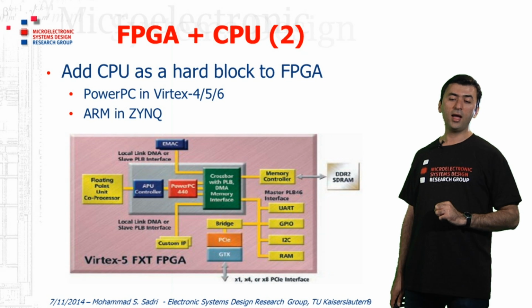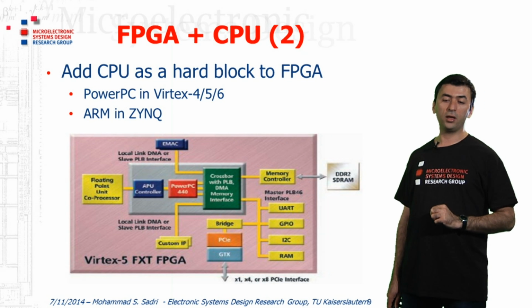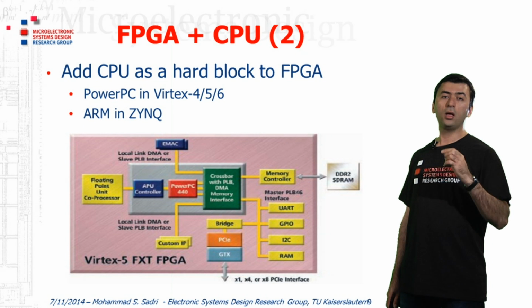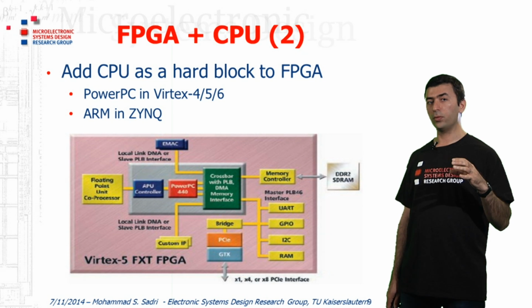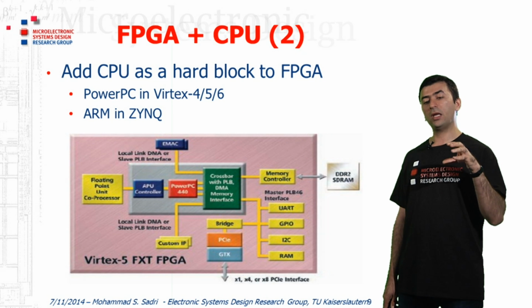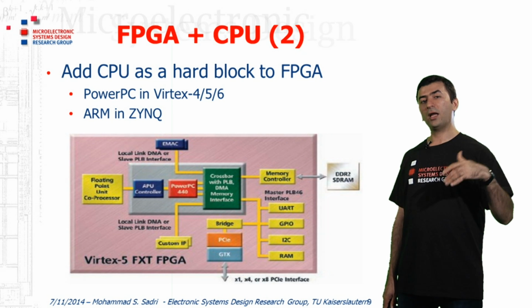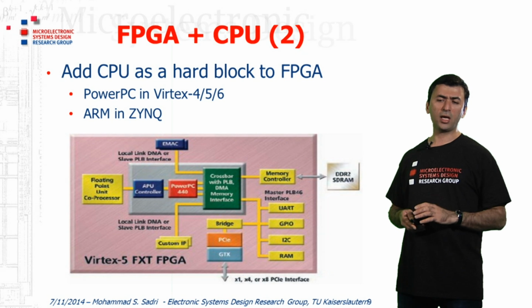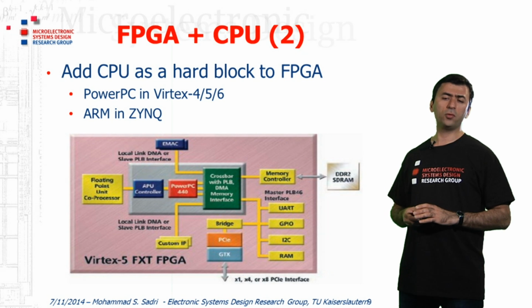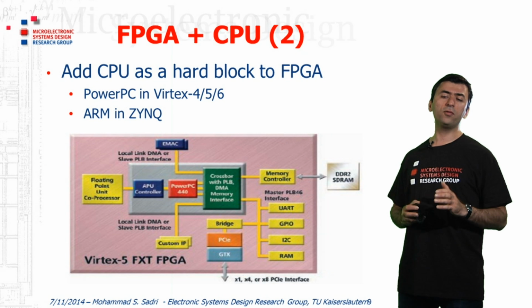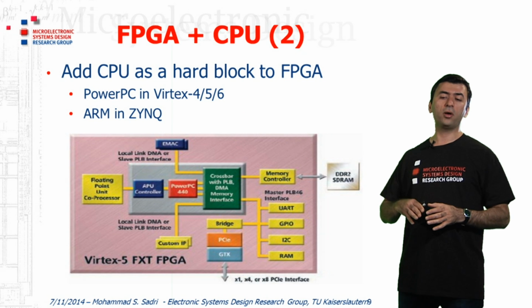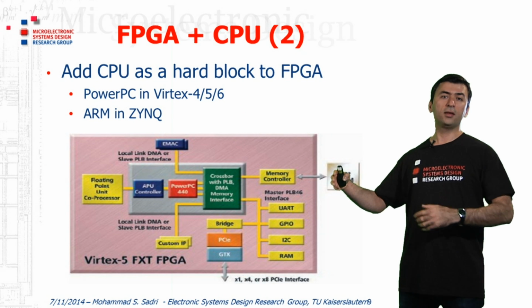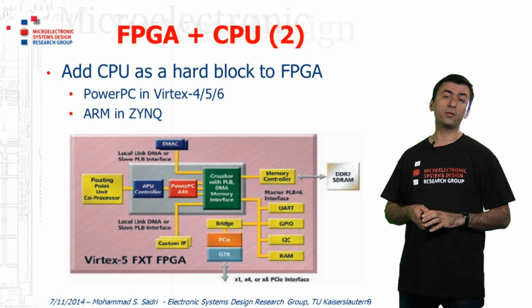As you see, at the heart of this FPGA, we have the PowerPC 440 CPU core running as a hard IP component. This allows the component to run at very high frequencies. For example, it can operate at 400 or 500 MHz, and it can give you very high processing power, while at the same time it is not consuming the configurable resources of the FPGA.